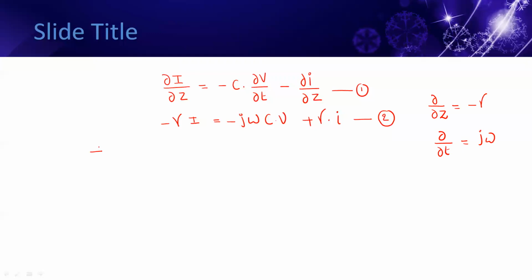When you apply Kirchhoff's voltage law, the final simplification from the previous transmission line model gives minus L into di by dt.